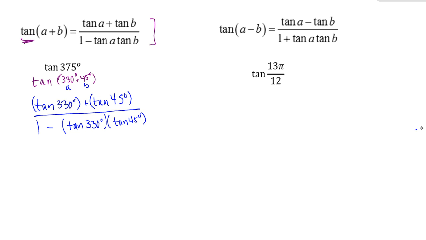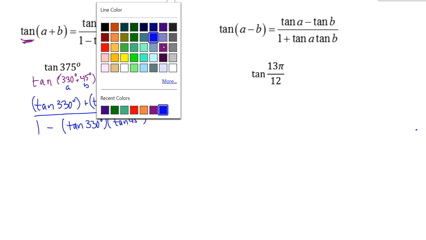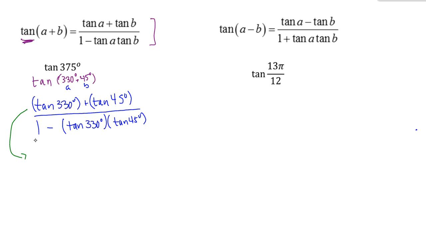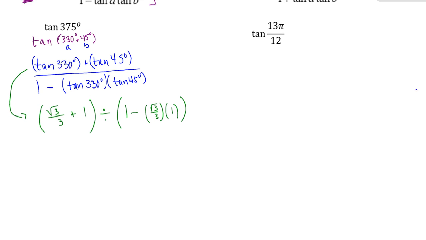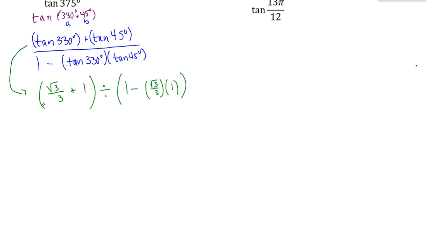All right, now let's go on to this next step. On top, tangent of 30, that's square root of 3 over 3, plus tangent of 45 is 1, that's nice, divided by 1 minus square root of 3 over 3 times the 1. Now I wrote it a long way because that's square root of 3 over 3.